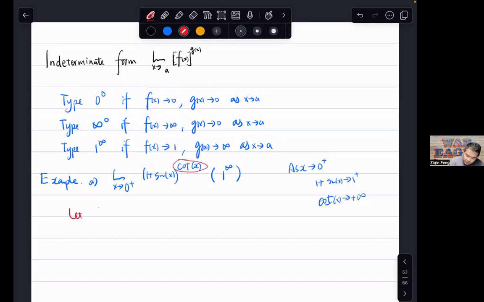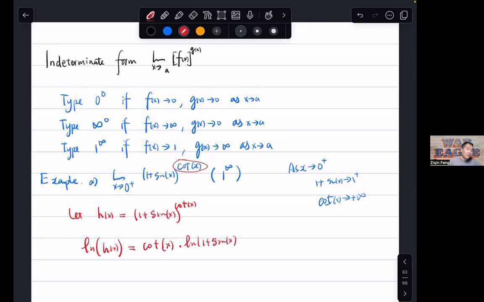Let h of x equal 1 plus sine of x to the power cotangent of x. We take a natural log. Natural log of h of x is cotangent of x times natural log of 1 plus sine of x.